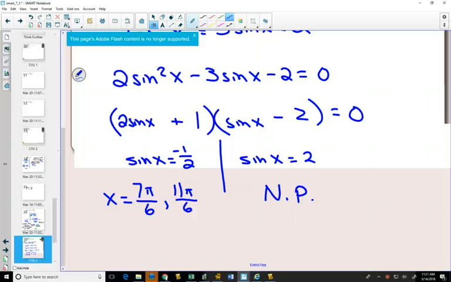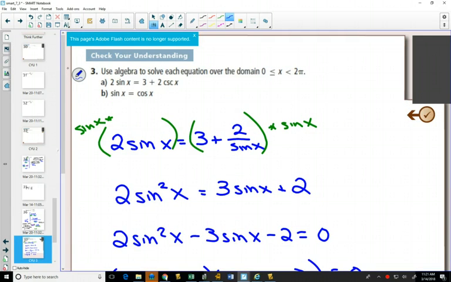So always check your domain after. In this case, we're lucky because our domain is between 0 and 2 pi. 2 pi wasn't included, but that didn't affect our answer. That's just once around the circle. That's exactly what we did. We're fine. We've solved this correctly.